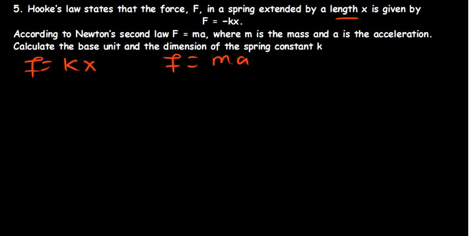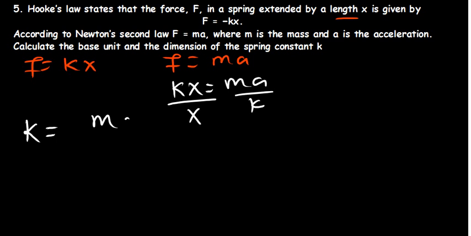So kx is equal to ma. We divide both sides by x. k will be equal to mass times acceleration divided by x. Here I'm supposed to put x, sorry.